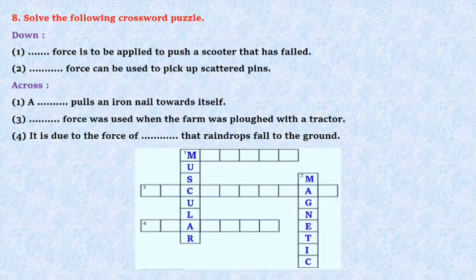First, a dash dash pulls an iron nail towards itself. Answer is magnet. Third, dash dash force was used when the farm was plowed with a tractor. Answer is mechanical. Fourth, it is due to the force of dash dash that raindrops fall to the ground. Answer is gravity.